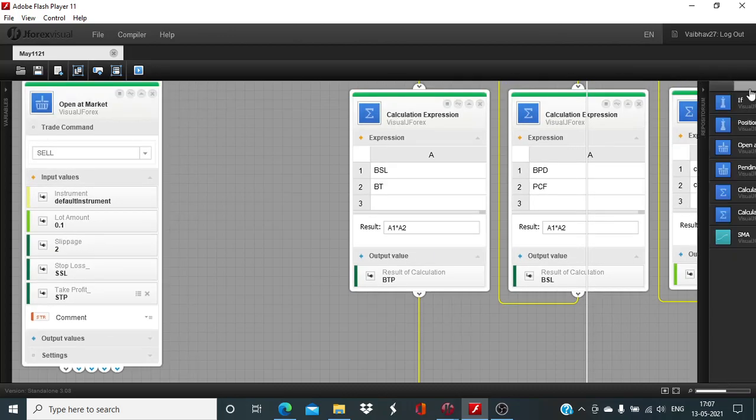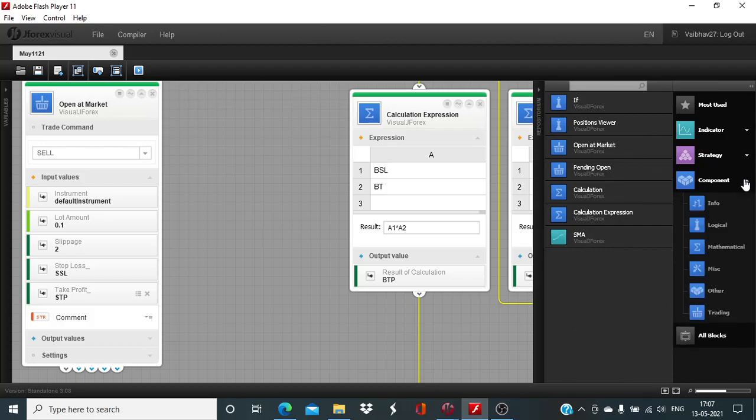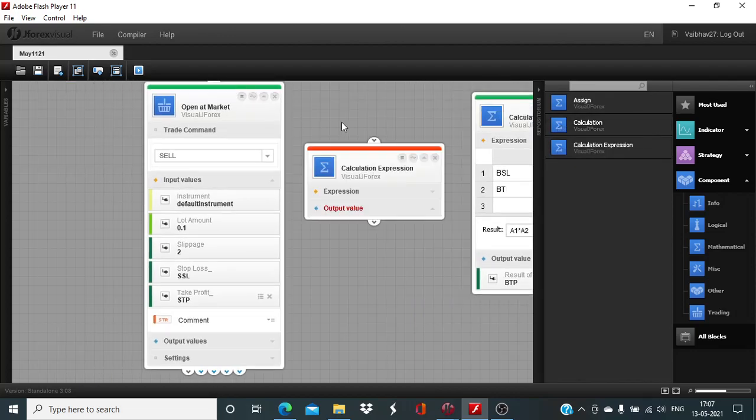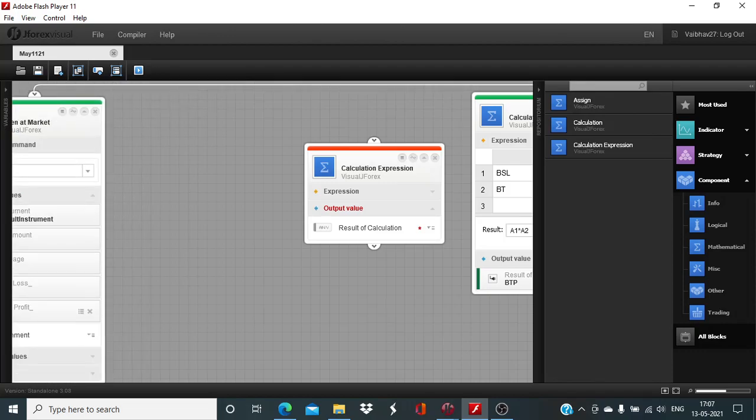And now we have to carry out the calculations to assign these variables as the output for these two calculation expression blocks.